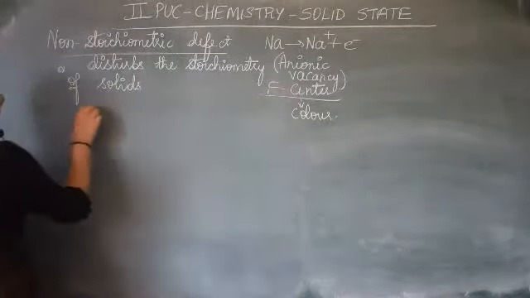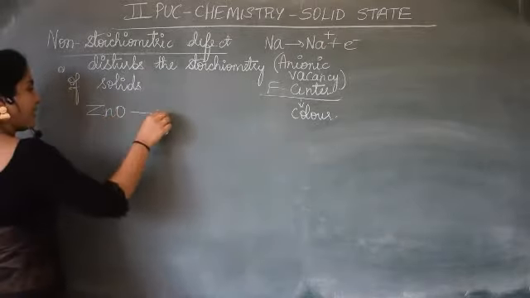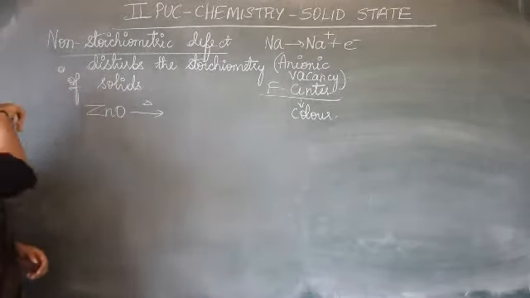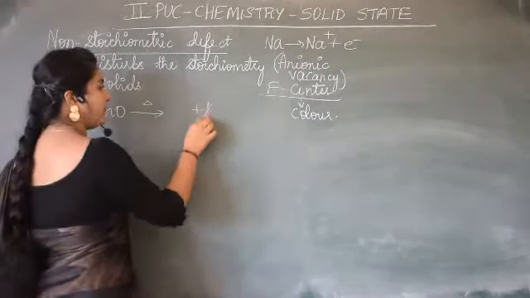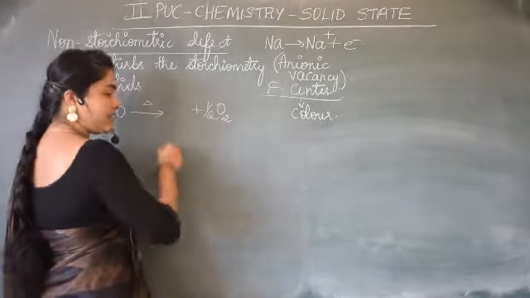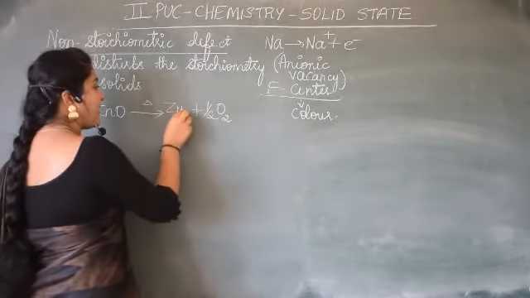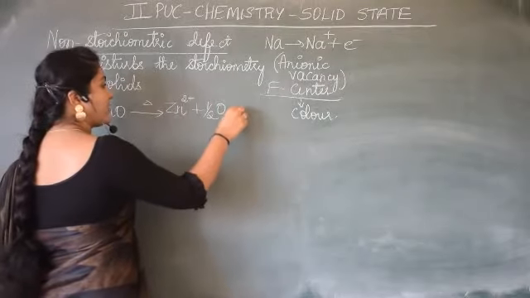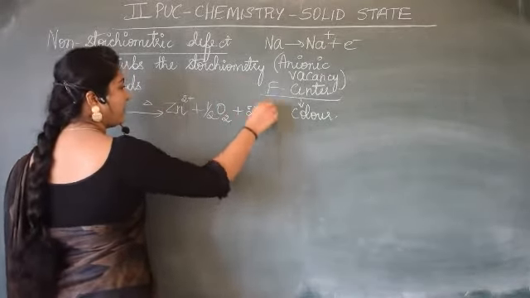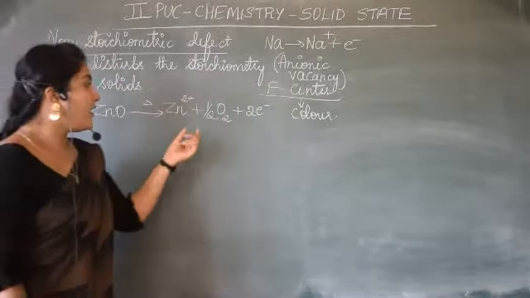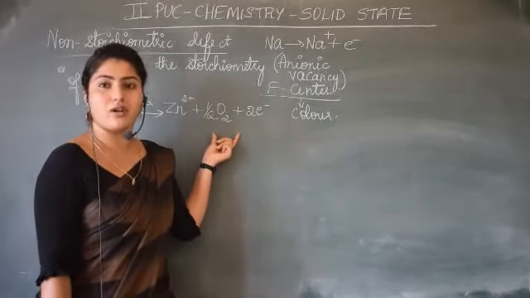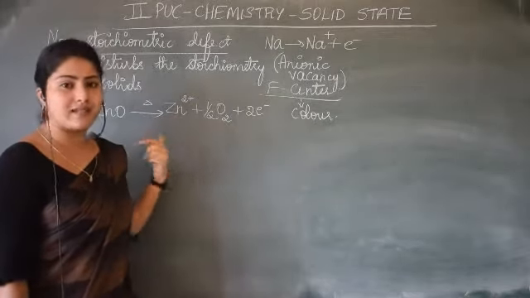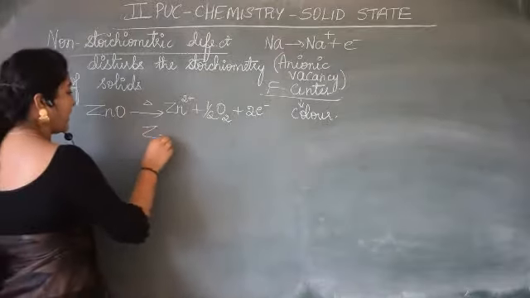Now we have studied one more example of metal excess defect: zinc oxide. When zinc oxide is heated, what happens? It loses oxygen. Zn gets converted into Zn2+ by losing 2 electrons. Oxygen escaped, but now zinc is more. That is why we also write it as Zn1+x.